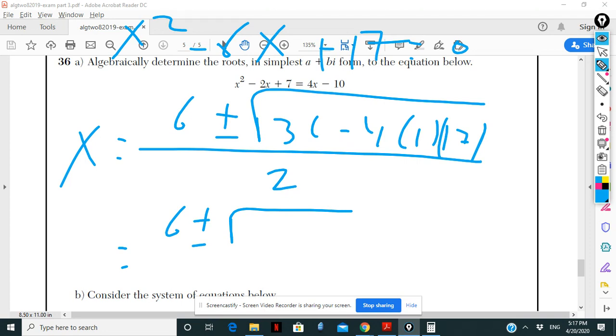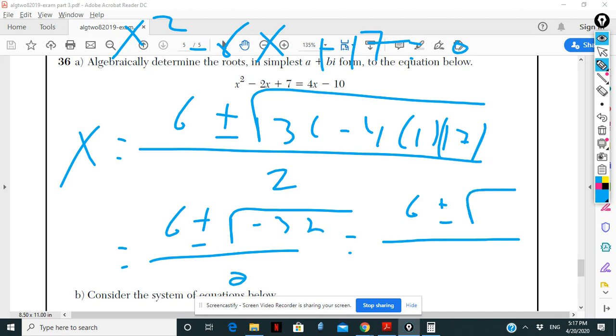Now 17 times 4 is 68. So 36 minus 68 is going to be negative 32, all divided by 2. So I can say it's 6 plus or minus the square root of negative 32, and 32 is like 16 times 2.